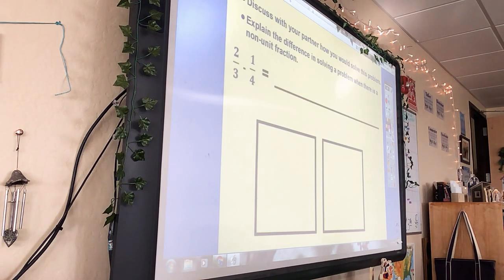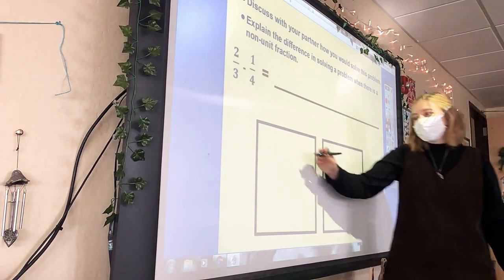I think I know. I did it mentally in my brain and I got 0 12. Okay. Is that right? I don't know. I would go through and do the model and everything and talk with Kira too. Okay? First fraction in the first model, second fraction in the second model.